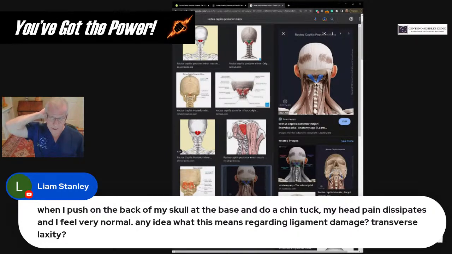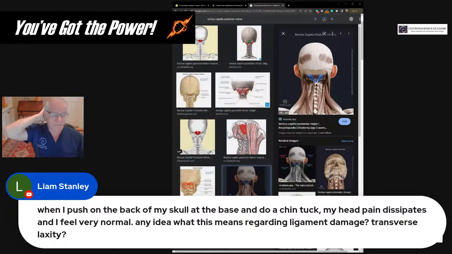And that rectus capitis posterior minor hooks into the dura, or the covering of the brain. And because it jacks into the dura, it's believed one of its functions is to open the dura when you're in extension.